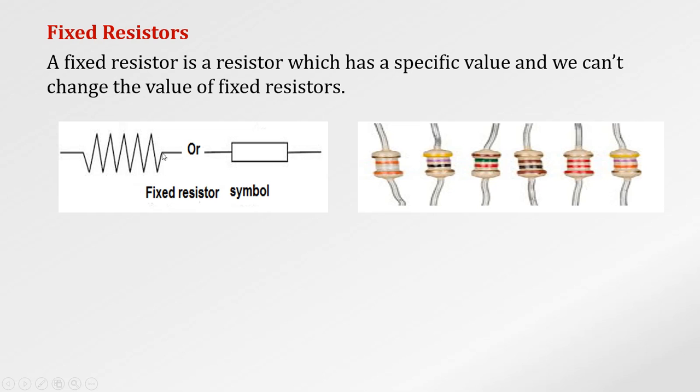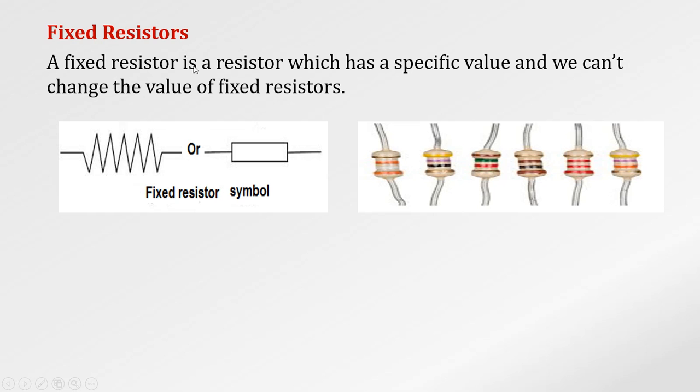And in our circuit, this is the symbol of a fixed resistor. Either this one, the old fashion, or the new fashion is this one. So you will choose which one you prefer. These are pictures showing resistors whose resistance is fixed. They are colored, and later we shall learn what these colors mean, which we shall call the color code of resistors, and how we calculate the value of resistance of these resistors.